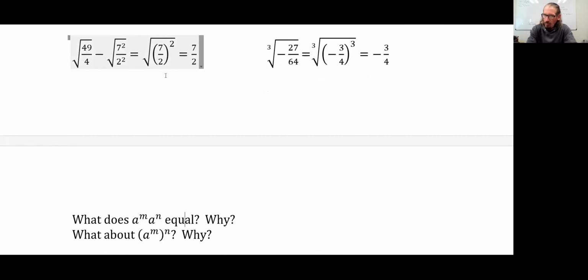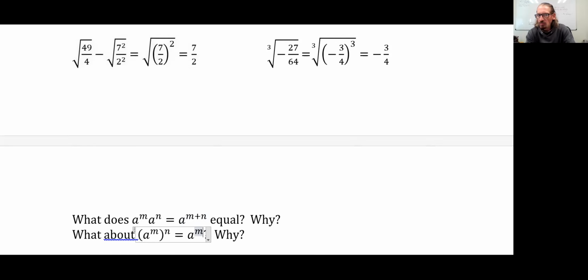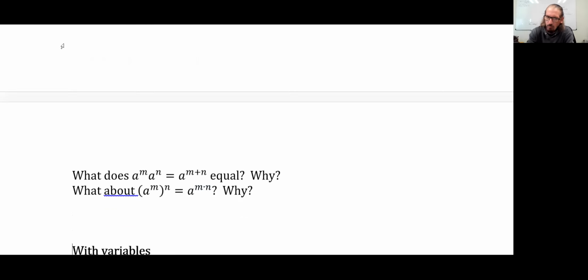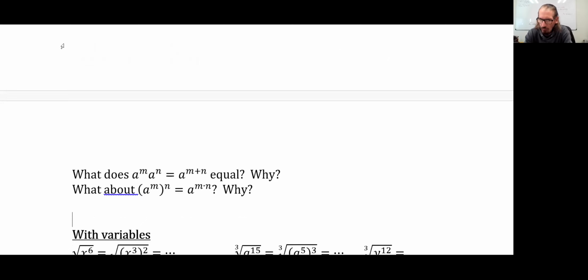I talked about this a little bit earlier, but when you multiply things with the same base, add the exponents. When you raise something to a power, and then you raise all of that to a power, you multiply the exponents. We can talk in class about why those rules work if needed, but what's that going to help us do?